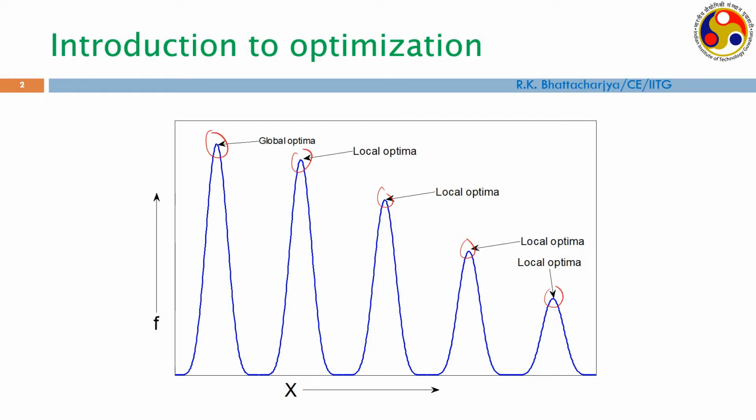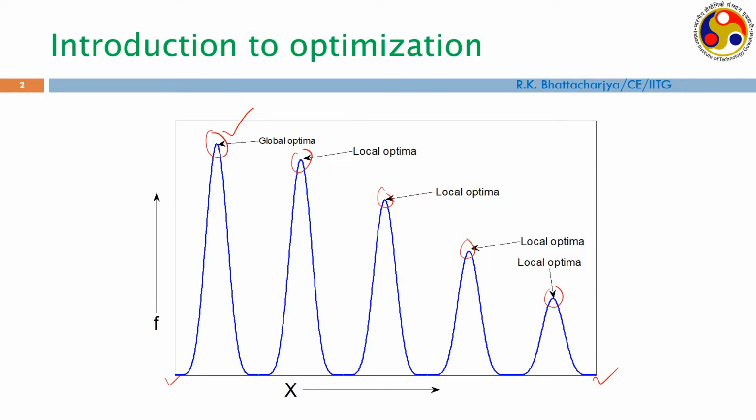If I go by the definition of local and global optima or global maxima, you can see that there is a solution which is basically the best solution within the search space. Here the search space is from this point to this point. Within this search space, there is a solution which is the global optimal solution.